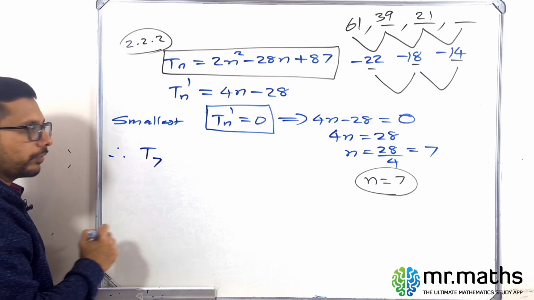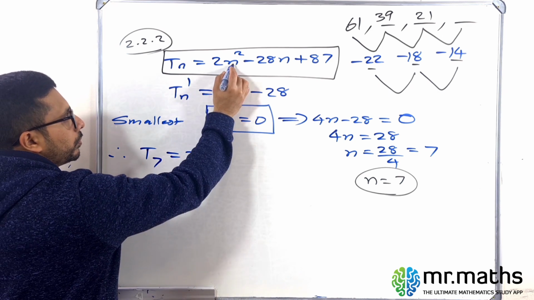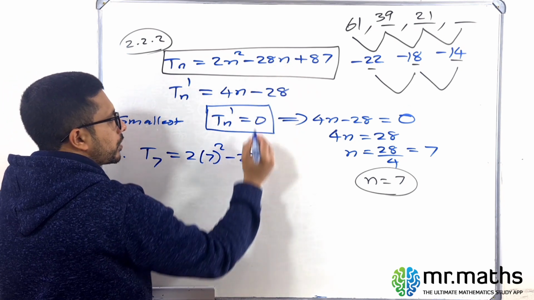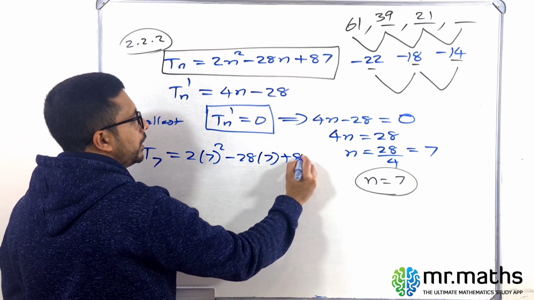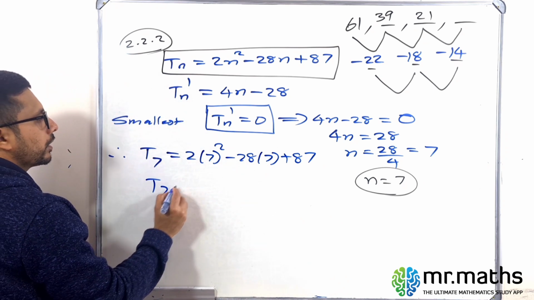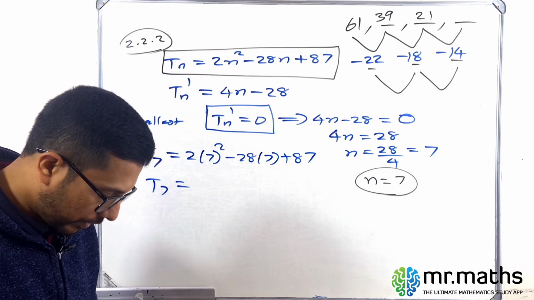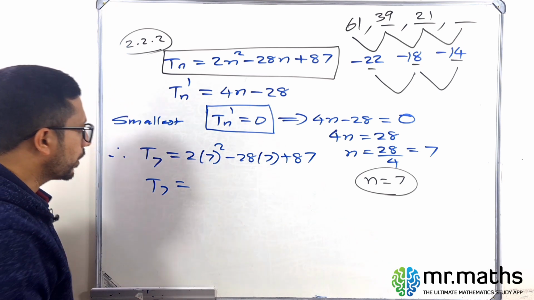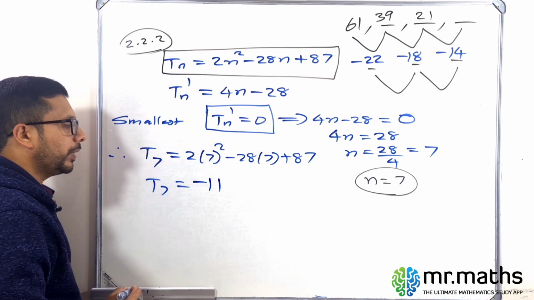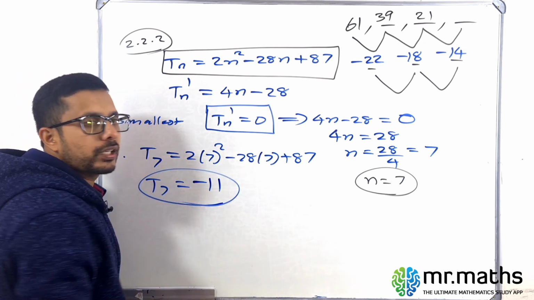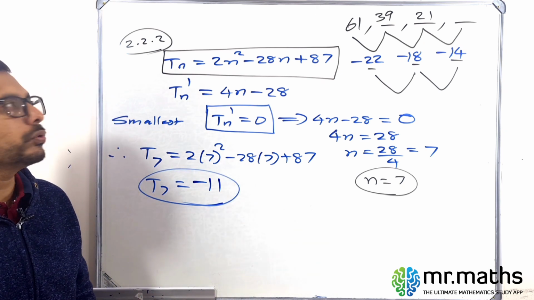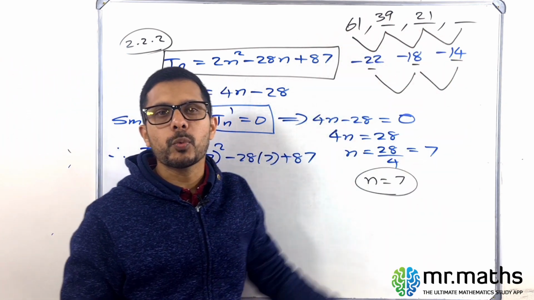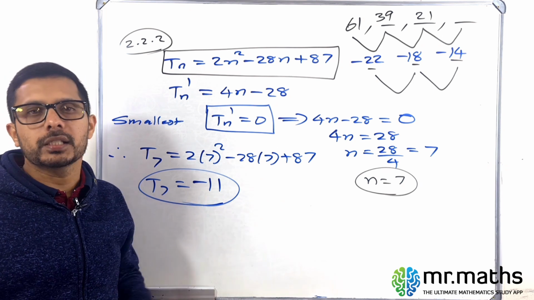Therefore t7 is equal to 2 into 7 square, minus 28 into 7, plus 87. Check in your calculator, what is the answer? Minus 11. So it means that minus 11 is the smallest value in this series or sequence.